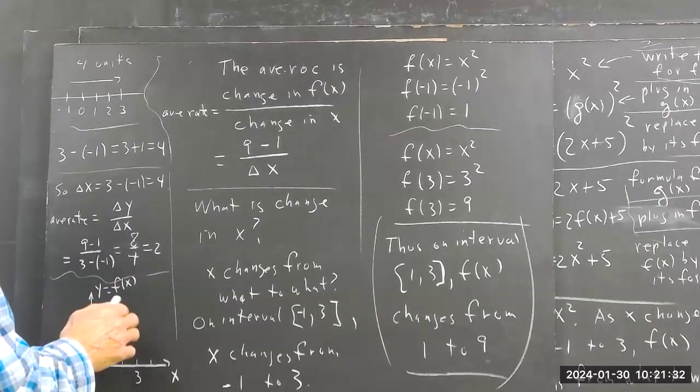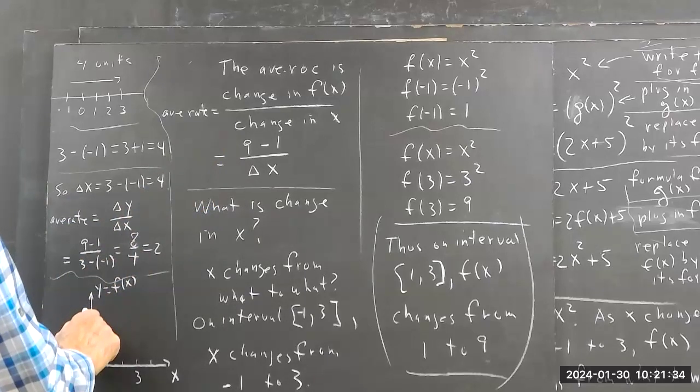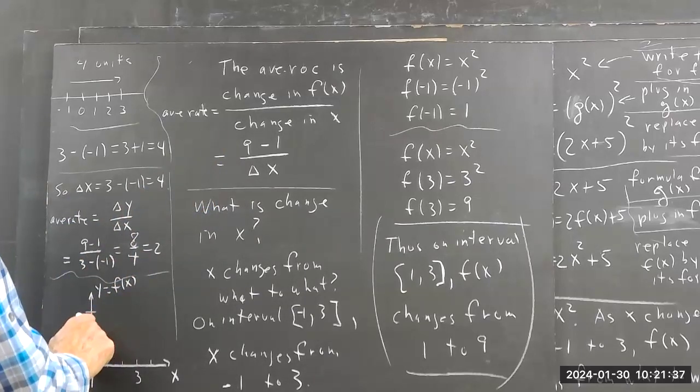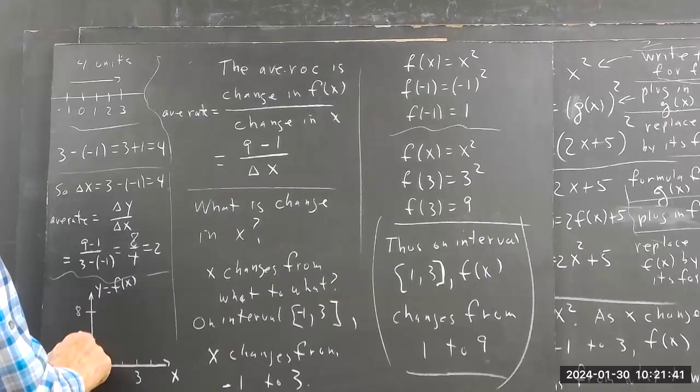So let's see, we're going to have to have 1, we're going to have to have 9. So I'm going to put 8 here. And 4 would go here. 2 would go here, 1 would go here.